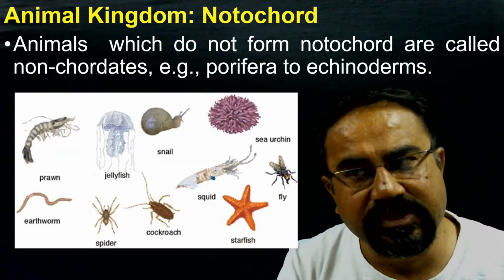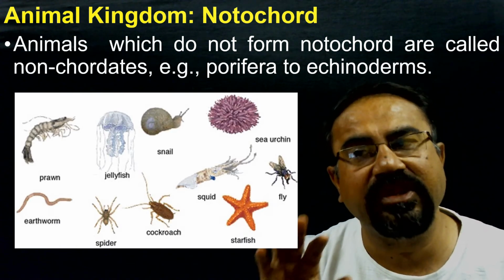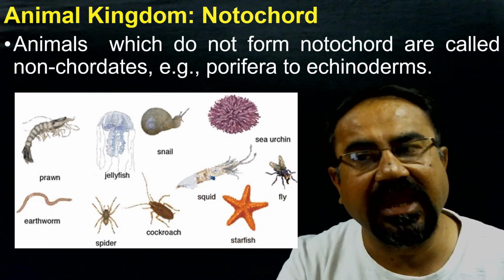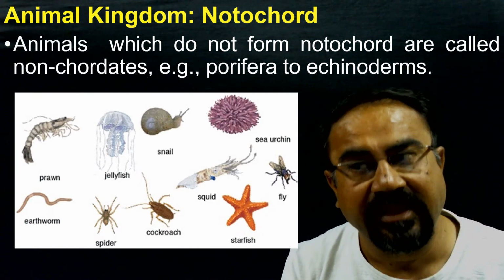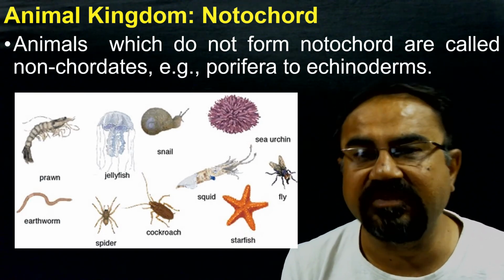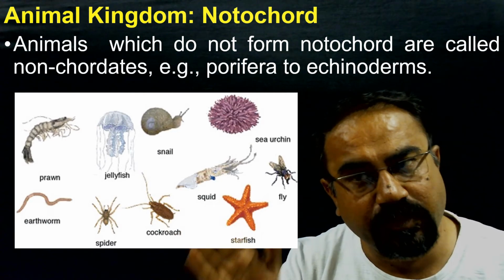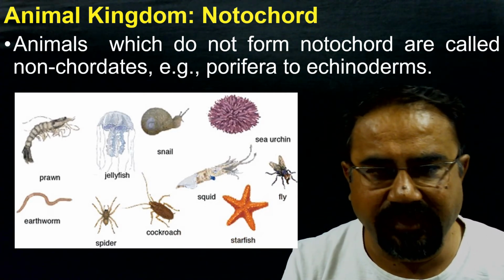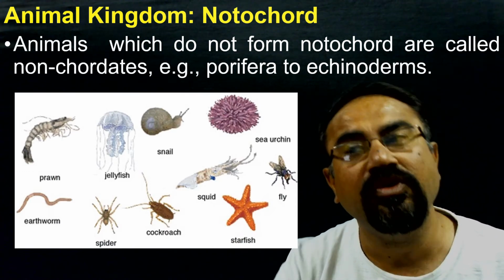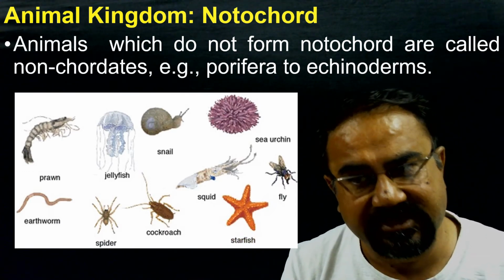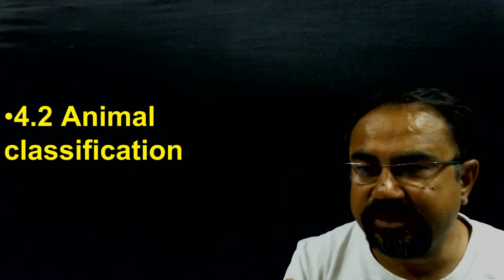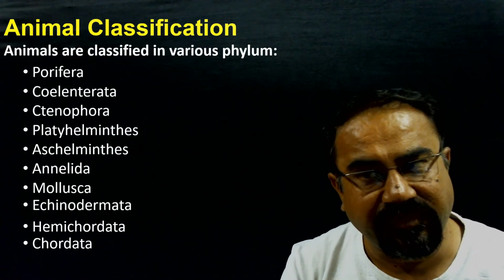And those which do not have a notochord during the embryonic stage, or where the notochord is not formed, are known as non-chordates. In non-chordates we include Porifera to Echinodermata. So all lower animals belong to non-chordates. After looking at these particular characters, now we shall move to the classification of animals.